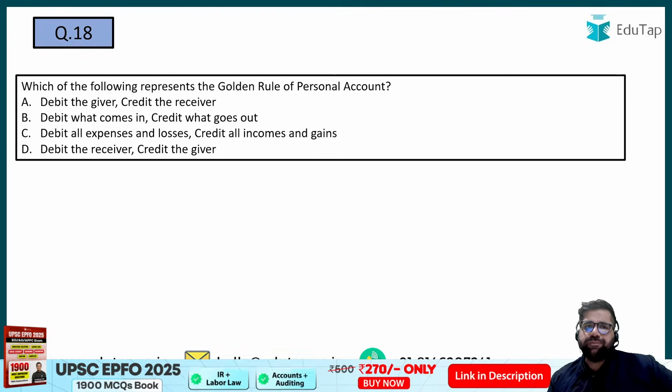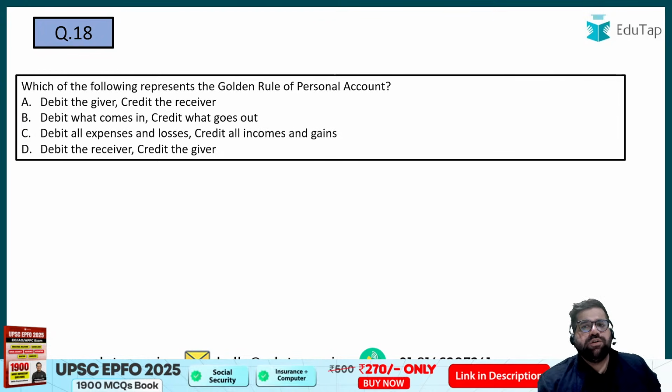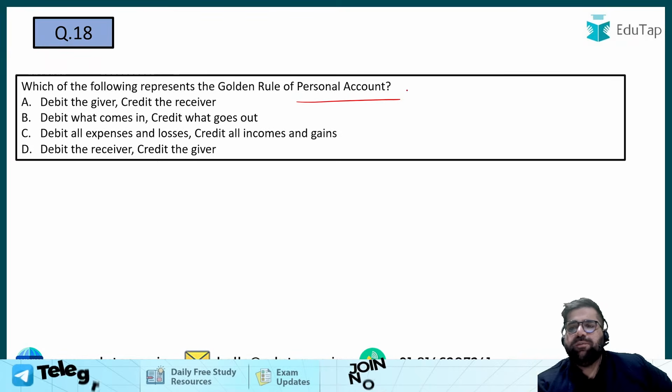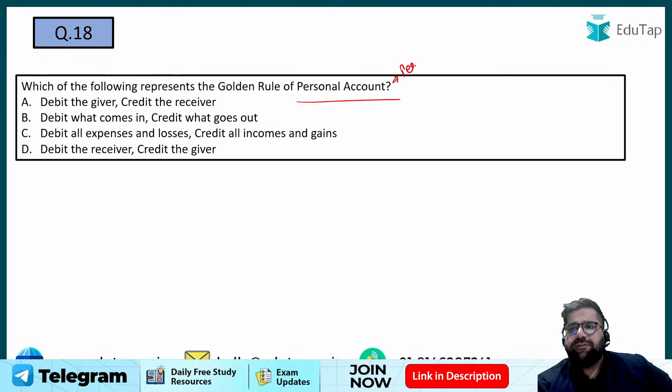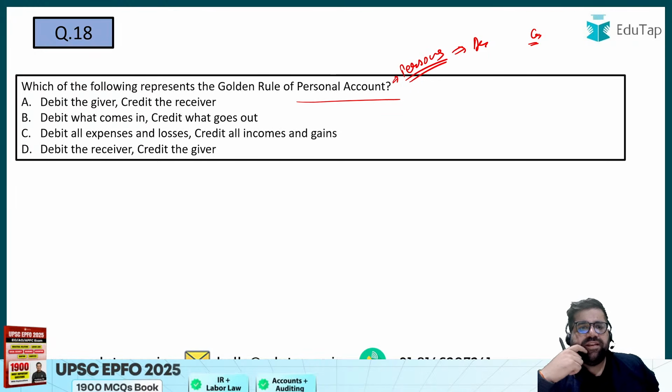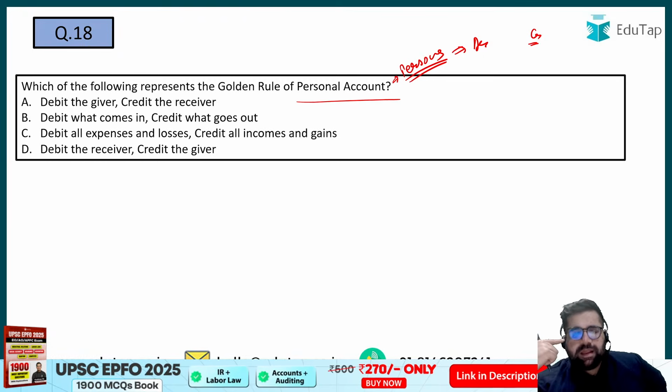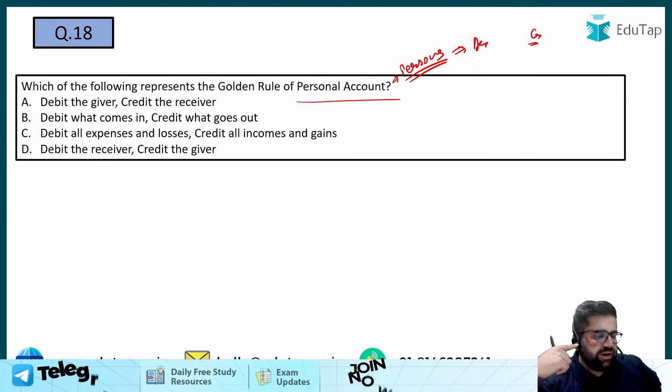Question number 18. Which of the following represents the golden rule of personal account? Personal account, please tell me. Personal account basically represents different persons. So for personal accounts we have debit and credit. Debit the receiver, credit the giver; or debit the giver, credit the receiver; debit what comes in, credit what goes out; debit all your expenses and losses, credit all your incomes and gains.